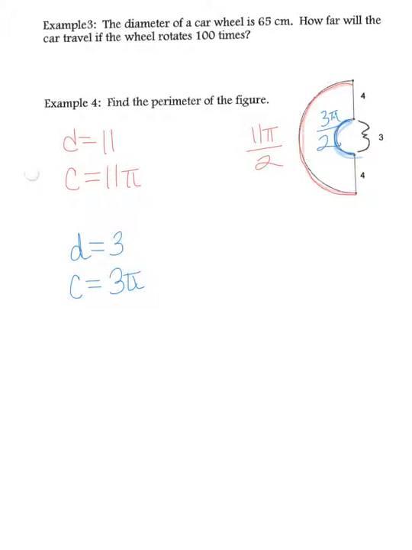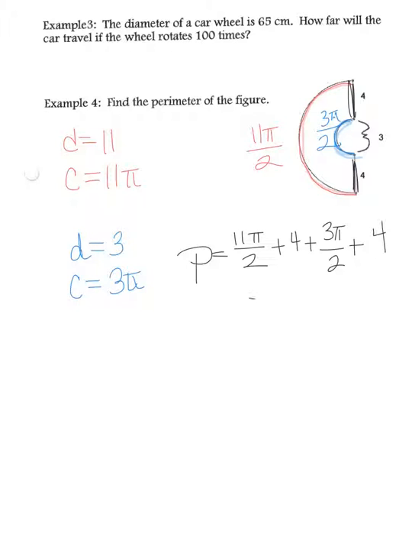Now, to find the perimeter, we're going to add up all of those pieces. The red arc is 11 pi over 2, plus this 4, plus the blue arc, which is 3 pi over 2, plus the last piece, which is the other 4.